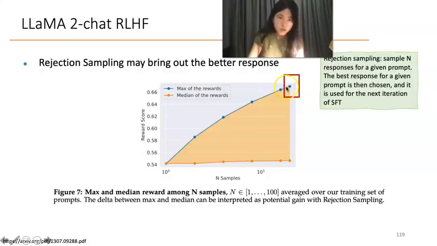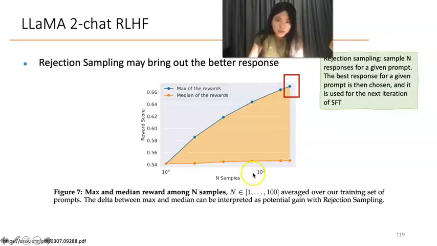Let me put it this way. When you have more samples, you have a sample with your max reward, and you have the median reward score of all your responses.